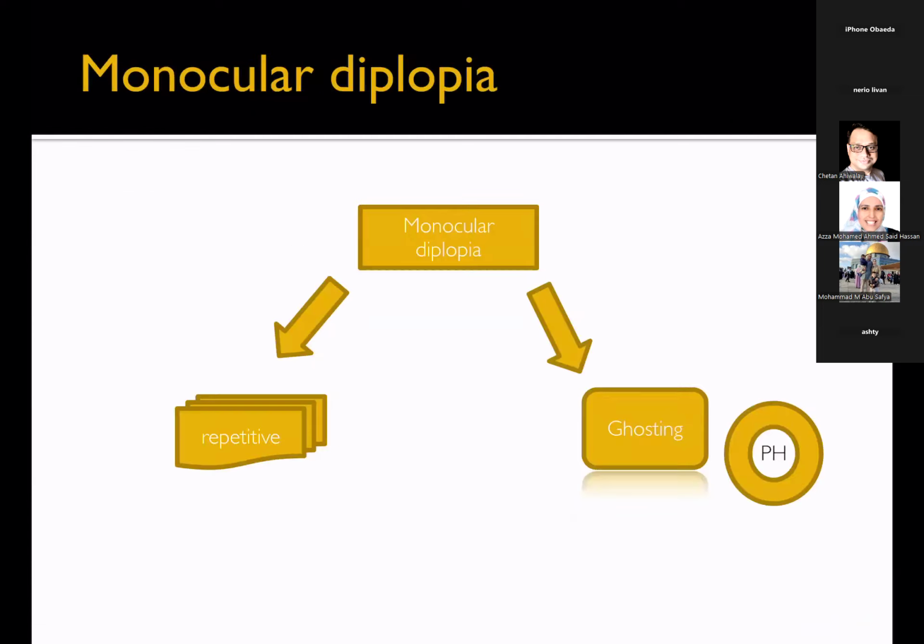How can we differentiate between these two types? The monocular diplopia can be repetitive diplopia or ghosting. The ghosting can usually be relieved or resolved by pinhole examination. If the ghosting diplopia cannot be resolved by pinhole examination, it's most likely due to a retinal lesion or macular lesion.